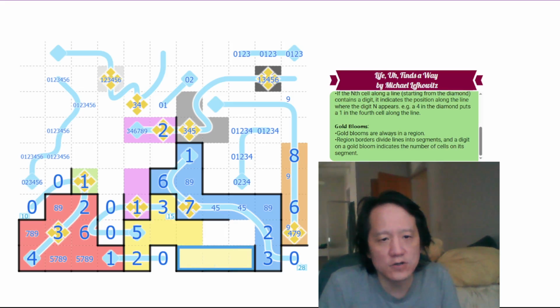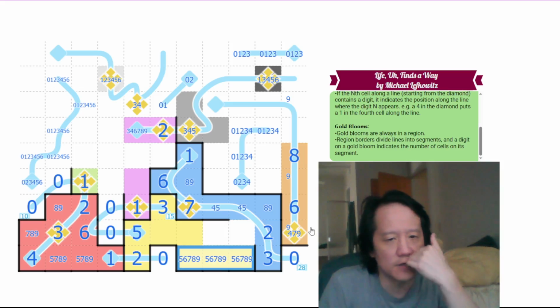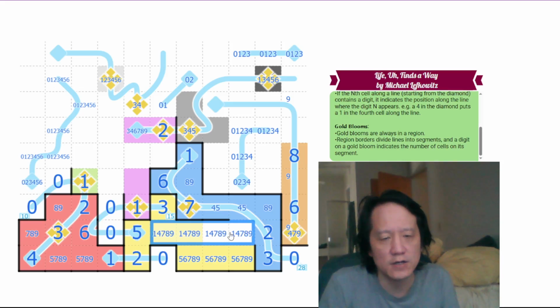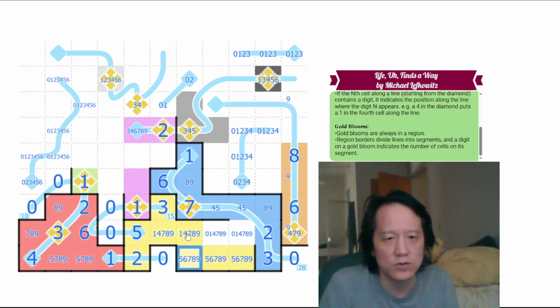Remaining digits here are 5, 6, 7, 8, and 9. So we're guaranteed a 6 here. Remaining digits here: we have 1, no 2, no 3, 4, no 5, 6, 7, 8, 9. This cannot be 1 or 7. No 7 here.